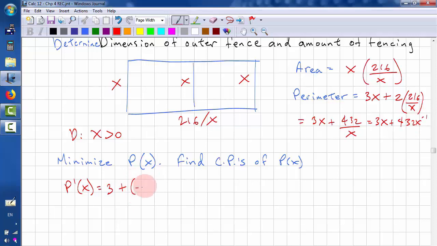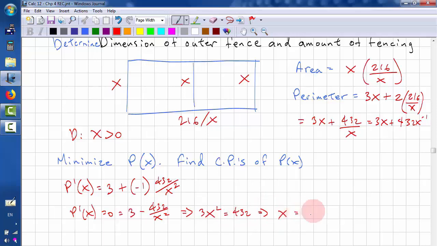So we actually have minus 432 over x squared. So we want P prime of x equal to 0. So that's 3 minus 432 over x squared. And solving this, we get 3x squared equals 432.